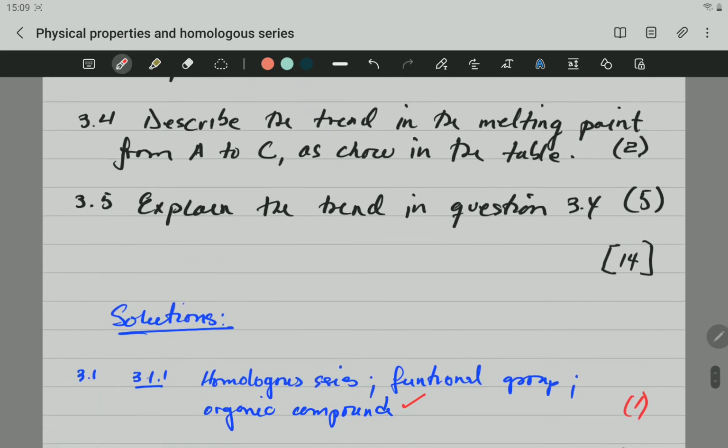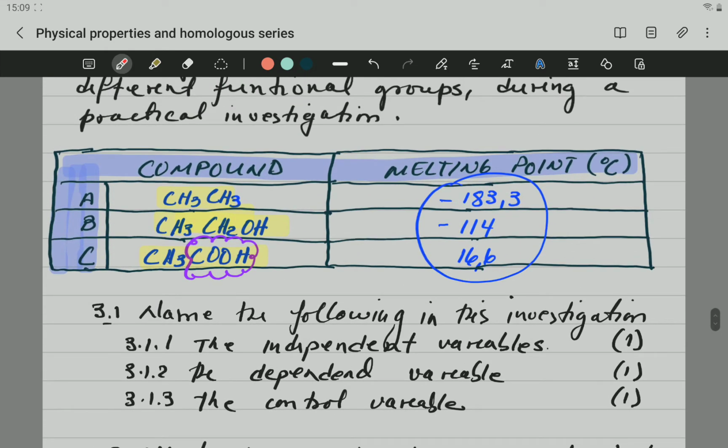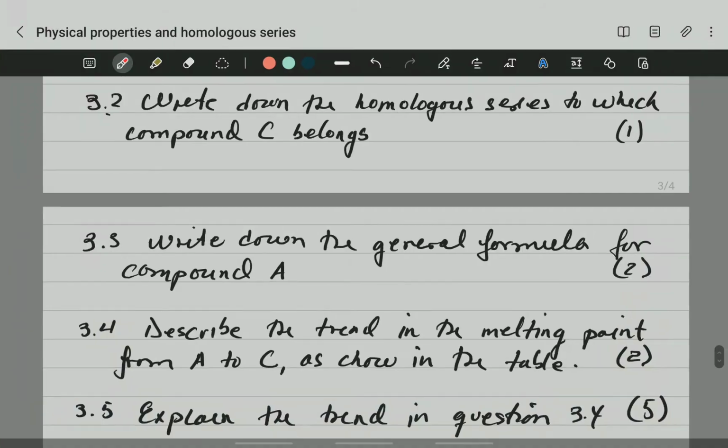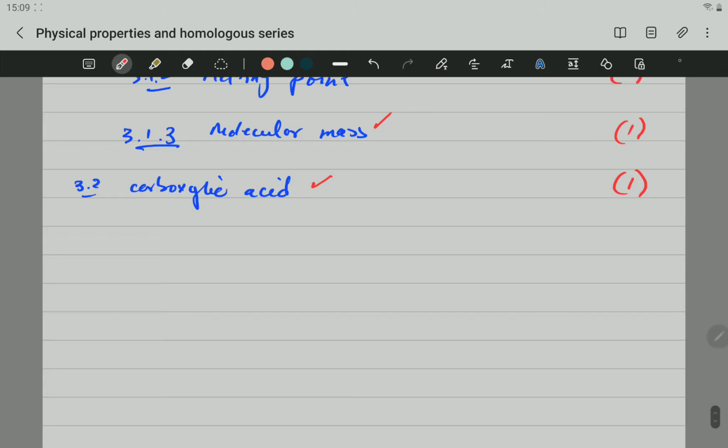Okay, let's go to question 3.3. Write down the general formula for compound A. So we have to identify compound A. You can see it is an alkane, and then you have to write down the general formula for alkane. The general formula for alkane is CnH2n plus 2.